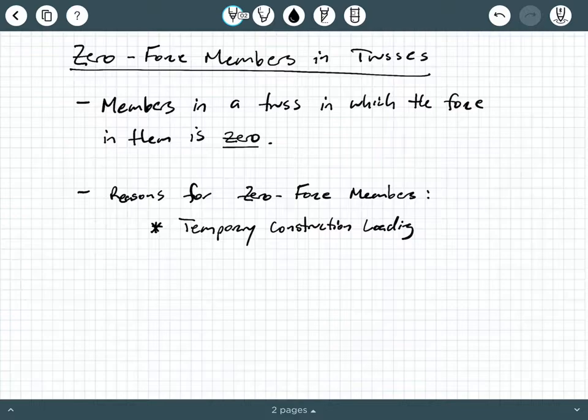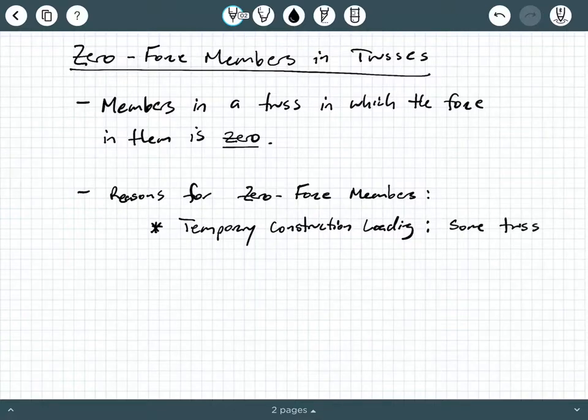Temporary construction loading. So what we mean by this is, let's say that the final truss that's supporting the final loads on your structure is going to have some zero force members at the end of it all. But what about during the construction of it? What about when you're actually building the truss, or when the construction team is physically putting it together? Are those necessarily going to be zero force members during construction?